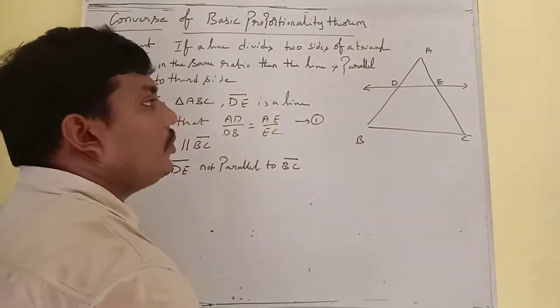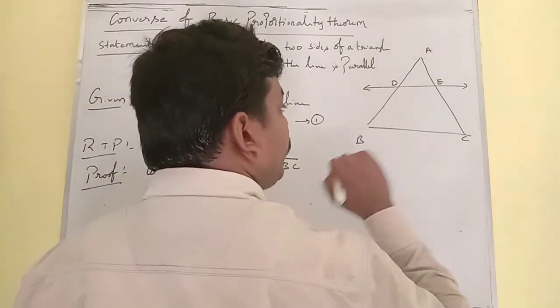So that parallel line also is passing through D. Suppose we are going to assume that.